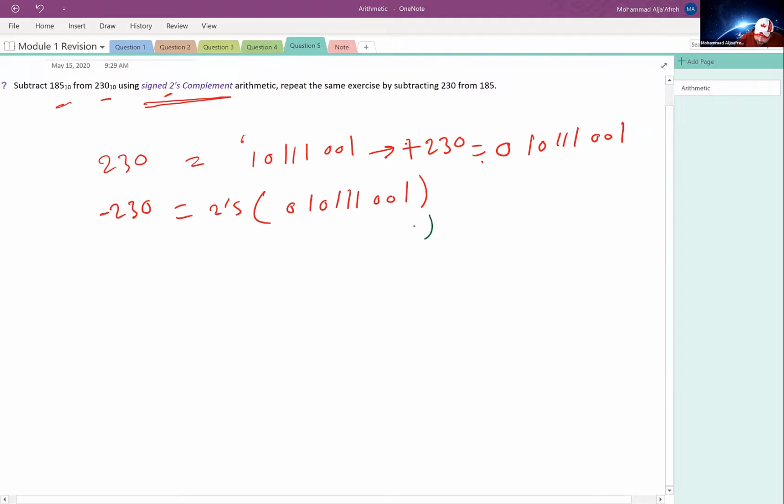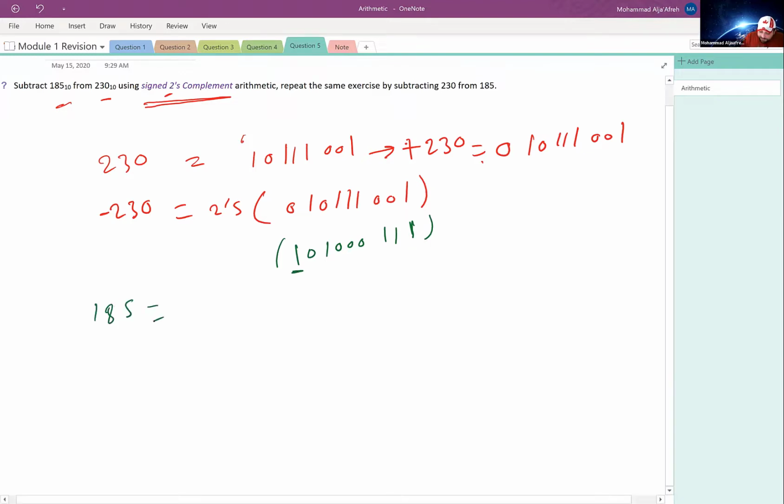This first one will come here, and after that I have to flip them. So this will become 1 1 0, and this will become 1 0 and 1. So as you can see, the most significant bit is 1, indicating that this number is negative. That's minus 230. What about the 185?